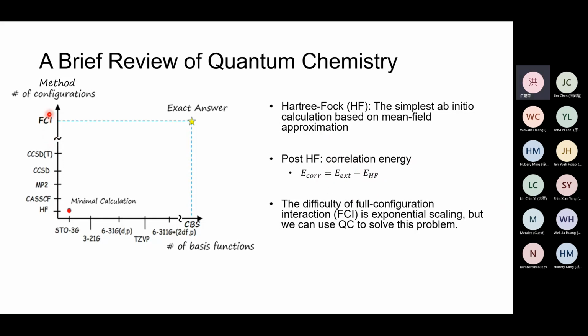So in the ideal world, the complete approach accounting for electron correlation is the full configuration interaction, denoted full CI here. It is highly accurate, but extremely expensive. But we can use a quantum computer to solve this problem. That's why we can make a connection between quantum chemistry and quantum computing.